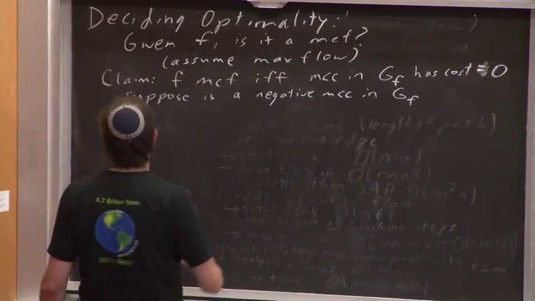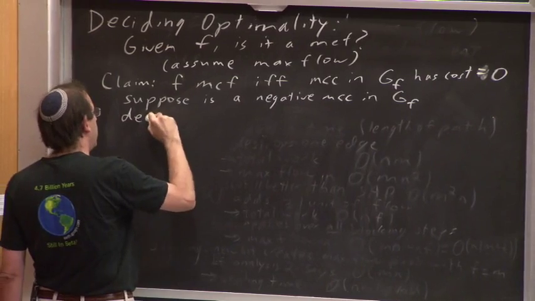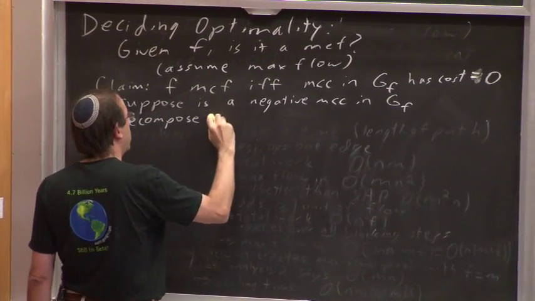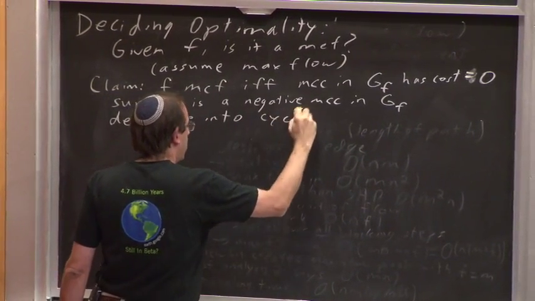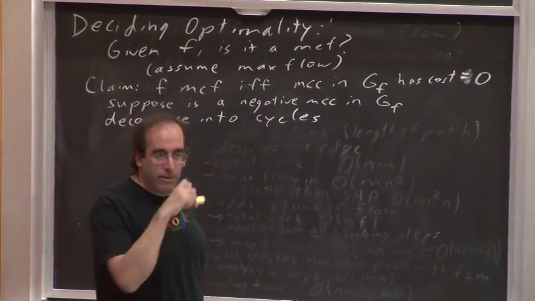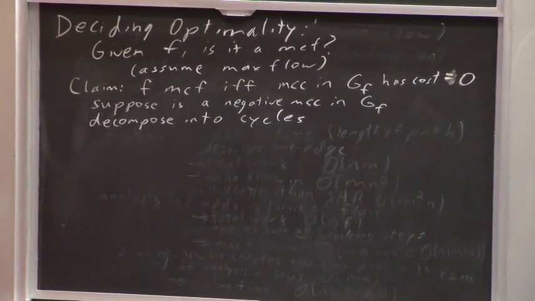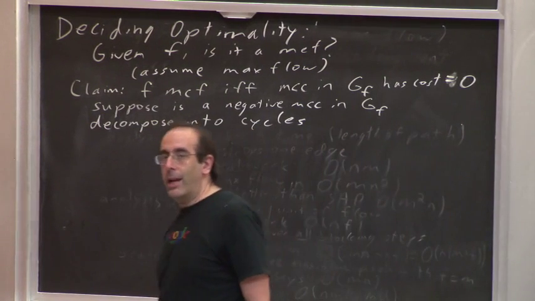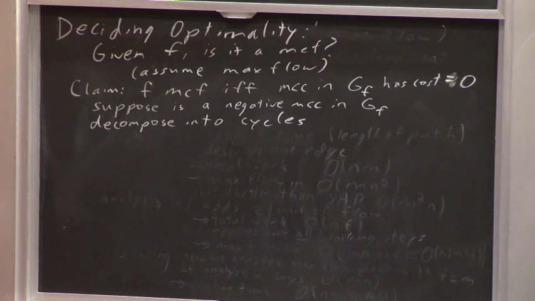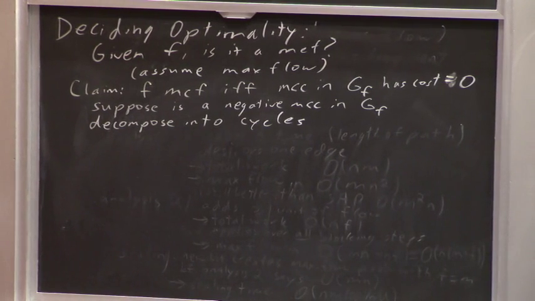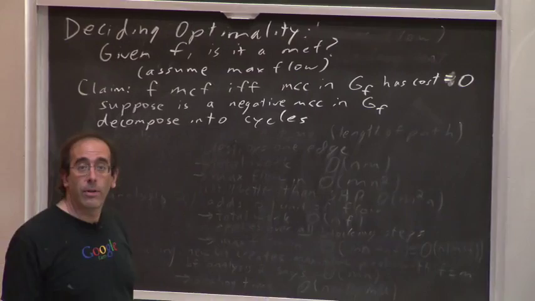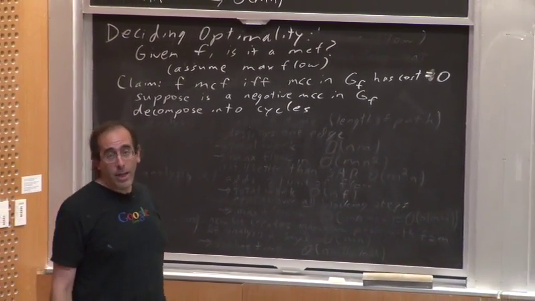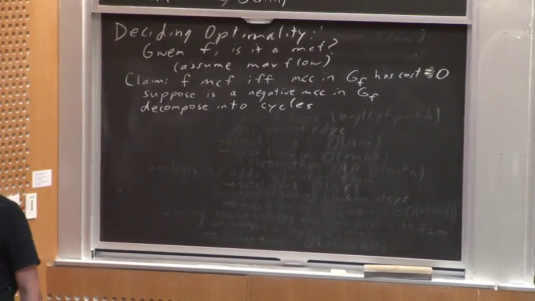Well, we have decomposition, right? So let's take this negative min-cost circulation and decompose it into cycles. What can we conclude about these cycles, given that we are getting a decomposition from a negative valued min-cost circulation? Yes? They're all negative or 0. That they're all negative or 0 is too strong a statement.